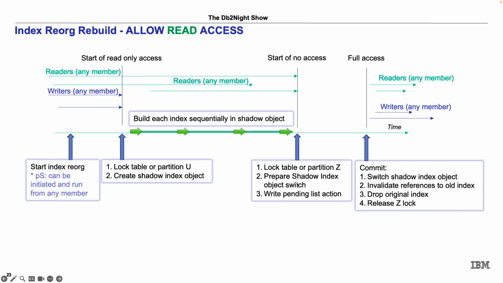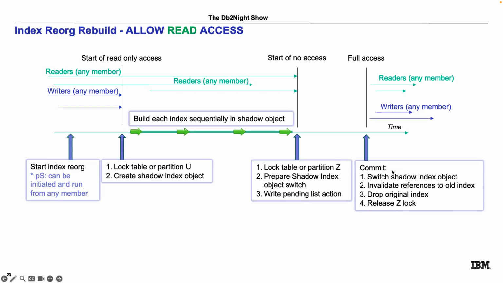Next, we'll have a very brief no access phase. Starting from here, there's no access because we lock the table or partition in Z lock. And we'll prepare the shadow index for the switch and the write pending list action, okay? And then we proceed to the commit time.